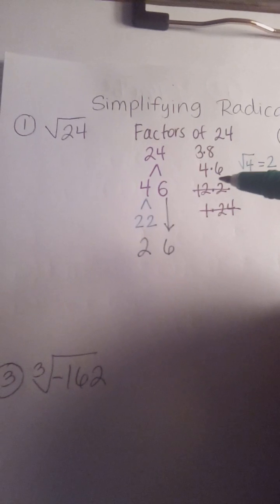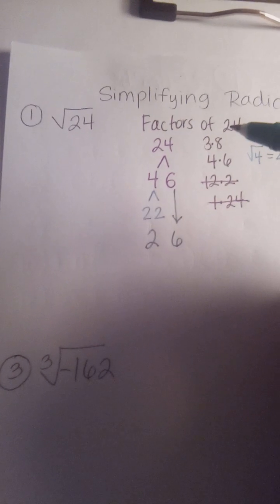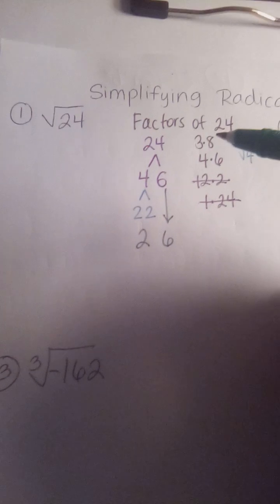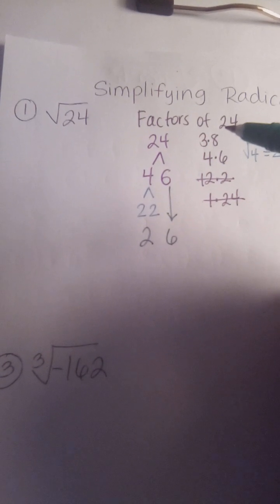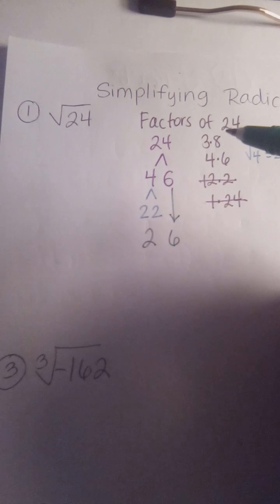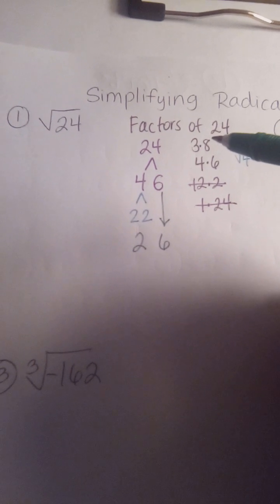What goes outside first? The 2 or the 6? Outside the root, actually. If you said 2, you're correct. Very good. That goes outside, right? Inside is the 6.